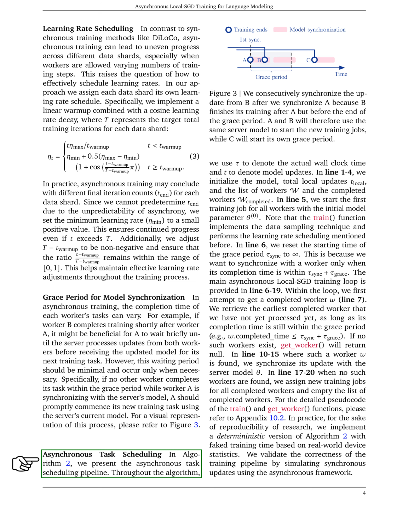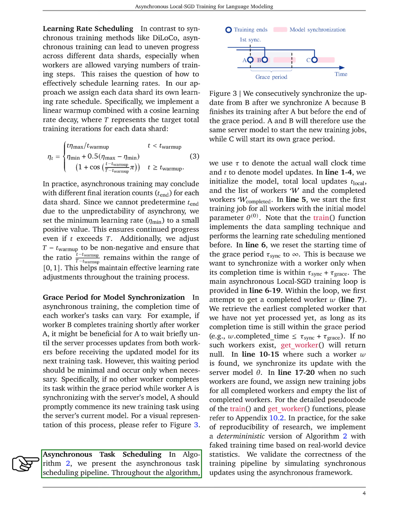The main asynchronous Local-SGD training loop attempts to get a completed worker. We retrieve the earliest completed worker that we have not yet processed, as long as its completion time is still within the grace period. If no such workers exist, the function will return null. When such a worker is found, we synchronize its update with the server model.